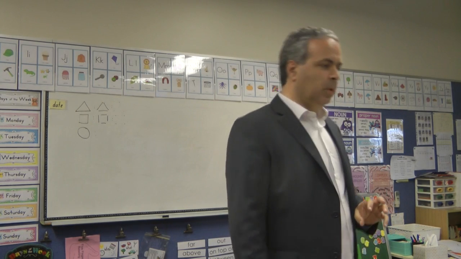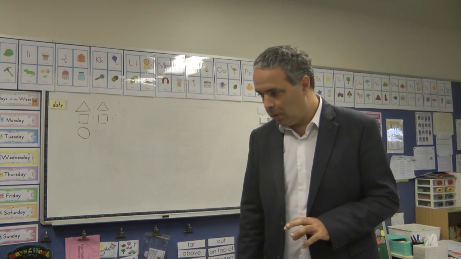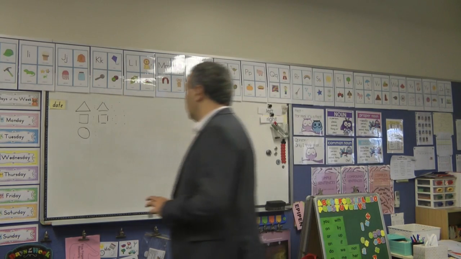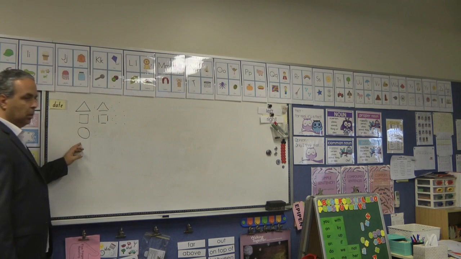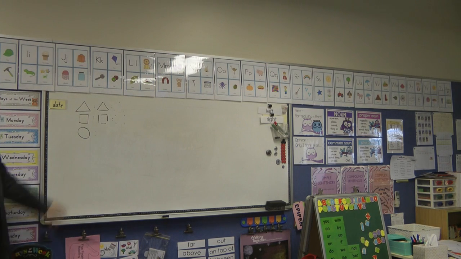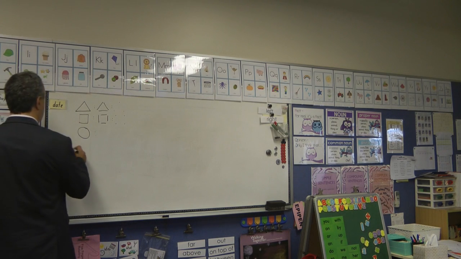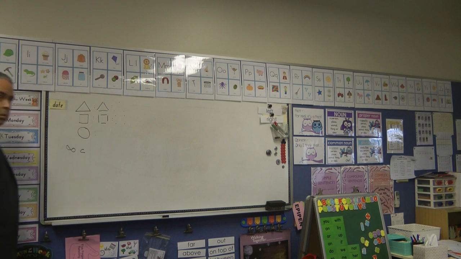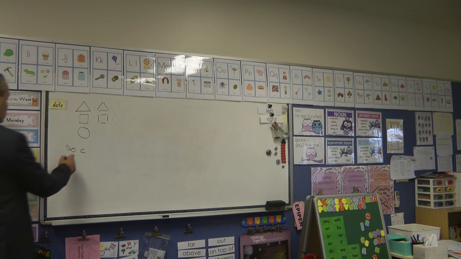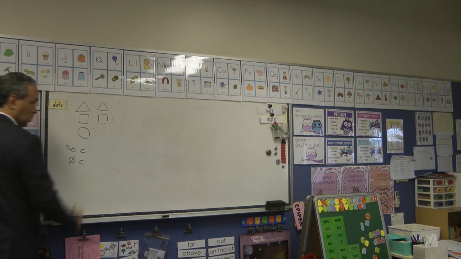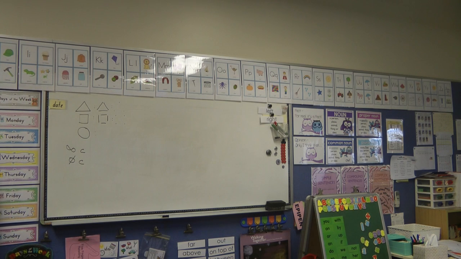So we have 2 possibilities, not only one. We can define the circle as infinite corners or no corners. Okay?